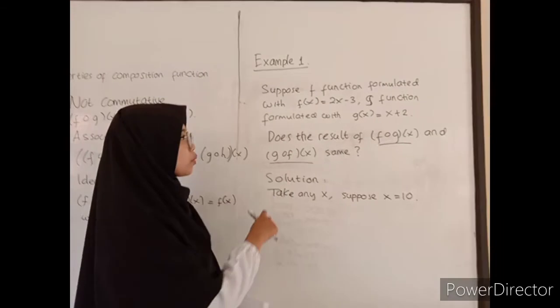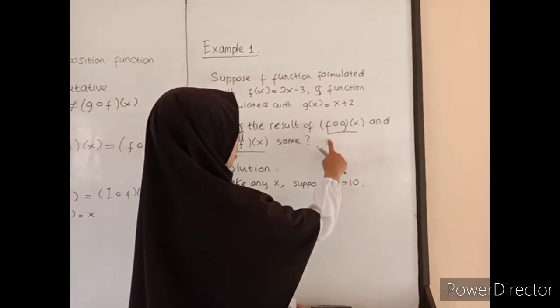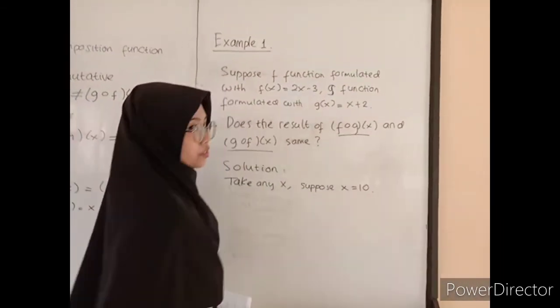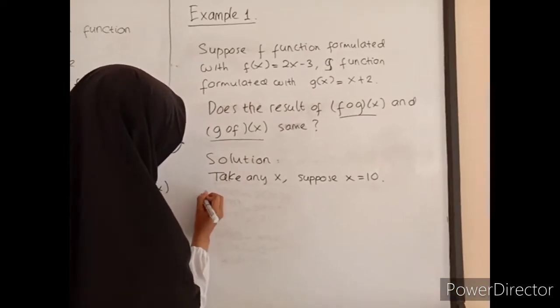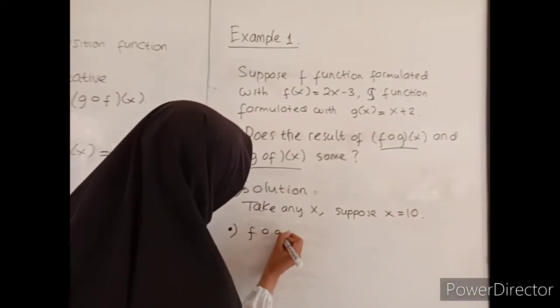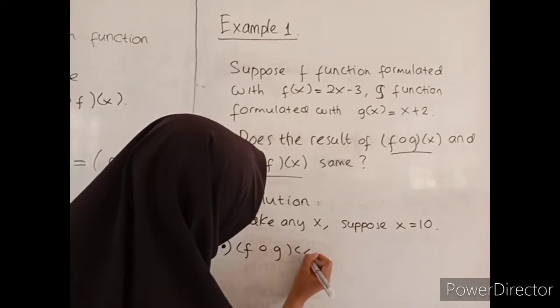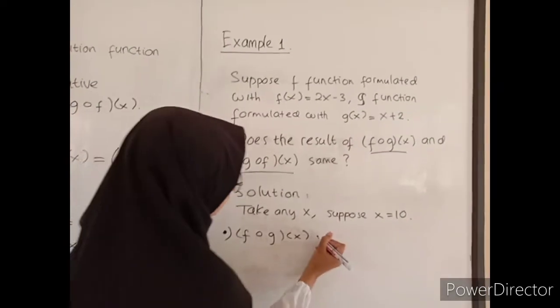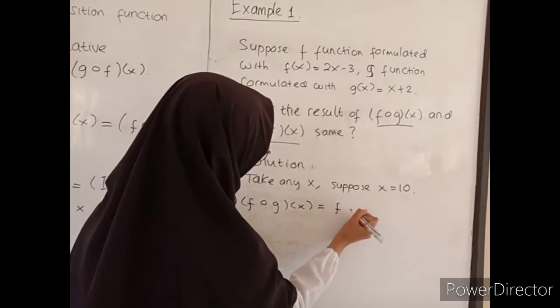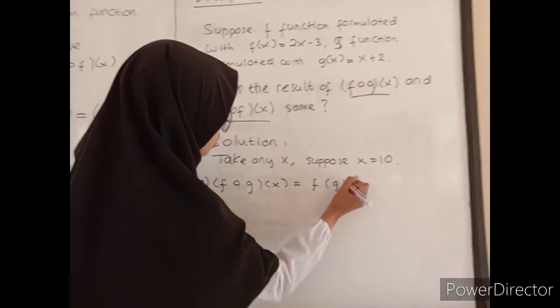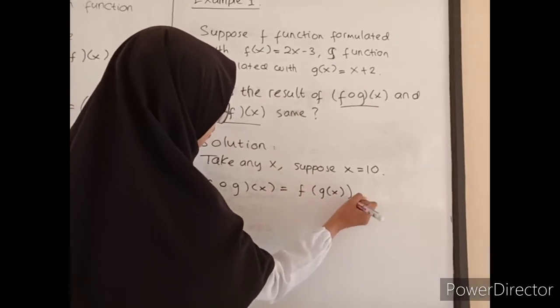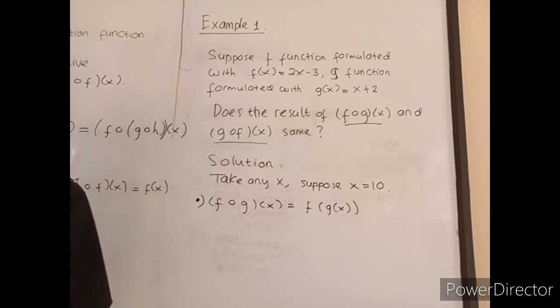And then we will find the result of (f ∘ g)(x) first. It is equal to f(g(x)), like this.